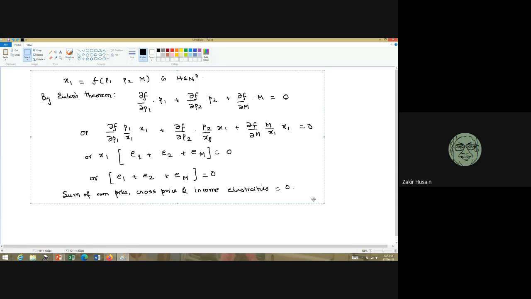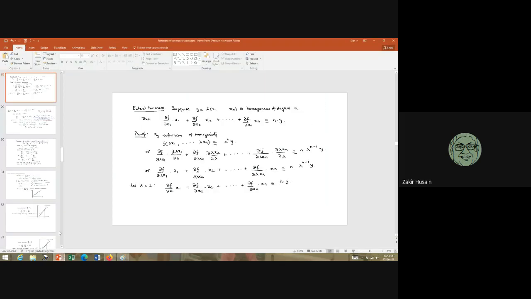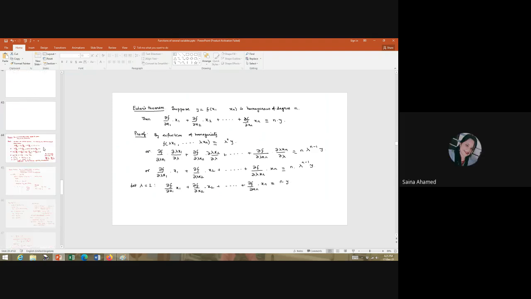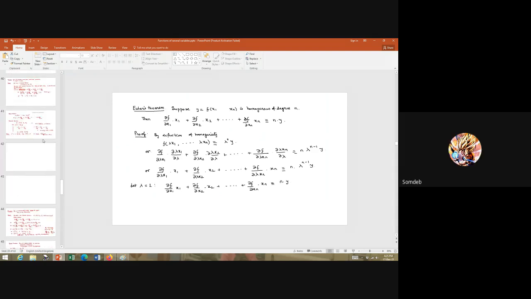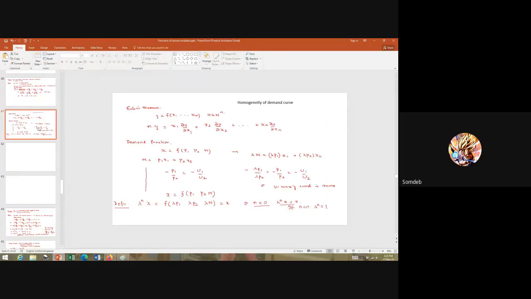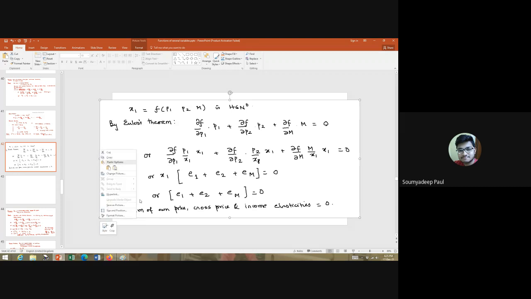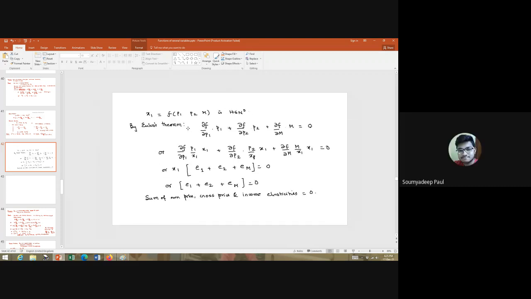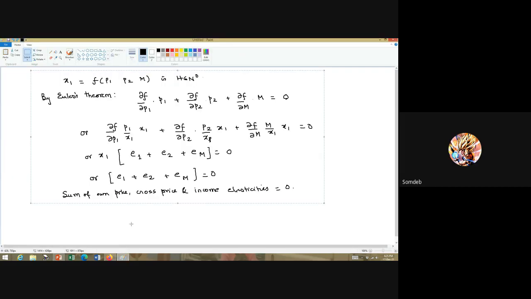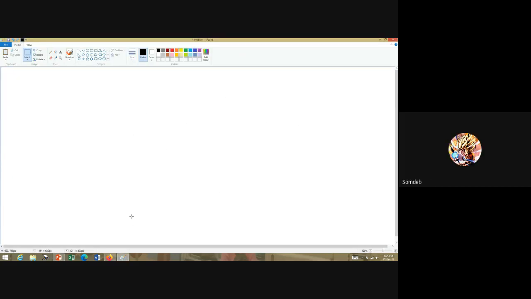Now tell me one thing, what are substitutes and complements? Substitutes are goods for which, if the price of one good increases, we consume more of the other good. For complements, when the price of one good increases, the demand for the other good falls. Can you give the best example of complementary goods?